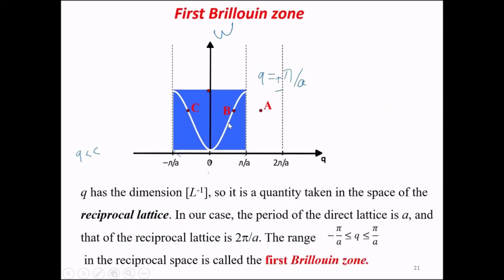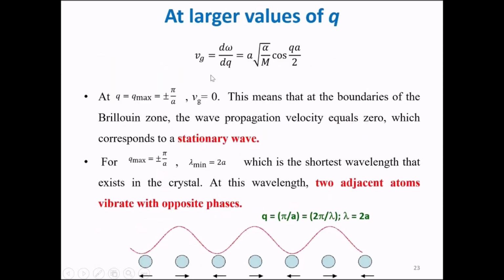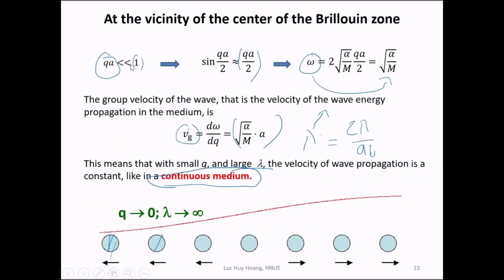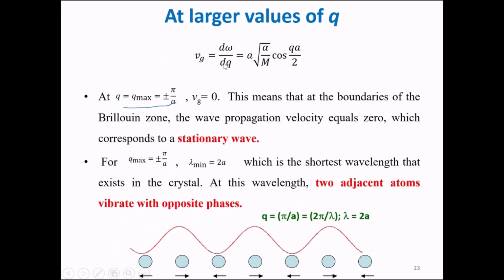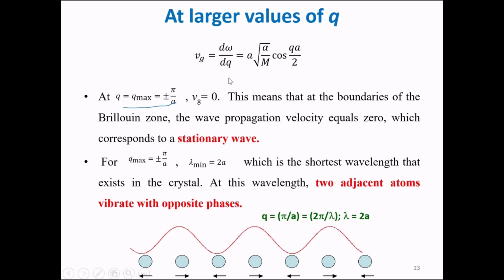Now at the boundary. The dependence of omega on q at the boundary is quite different, right? And what happens at the boundary? At the boundary, q reaches its maximum, plus and minus pi over a. So this means we cannot use the approximation like before that qa is much less than 1. So when we take the derivative of the sine here, it has to become the cosine.